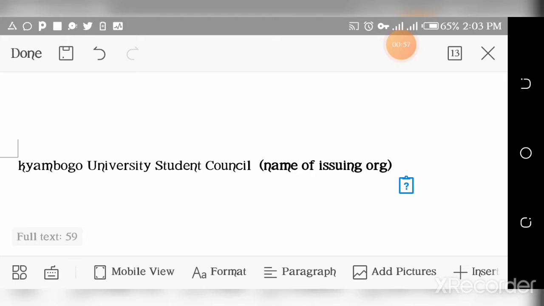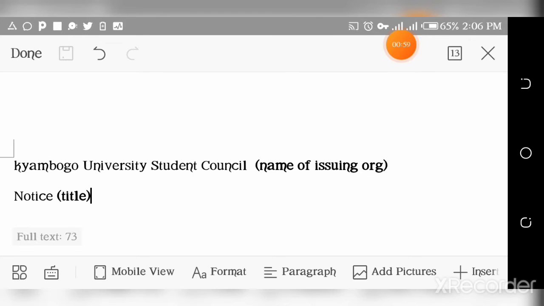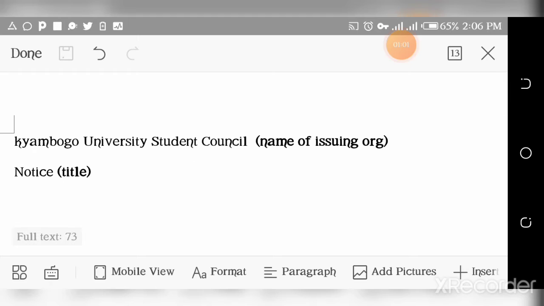Then next we go to the heading. So that is the title, notice. The word should be in capital letters and in bold. So I'm going to capitalize it and then bold it, and then next will be the date on the left hand side.